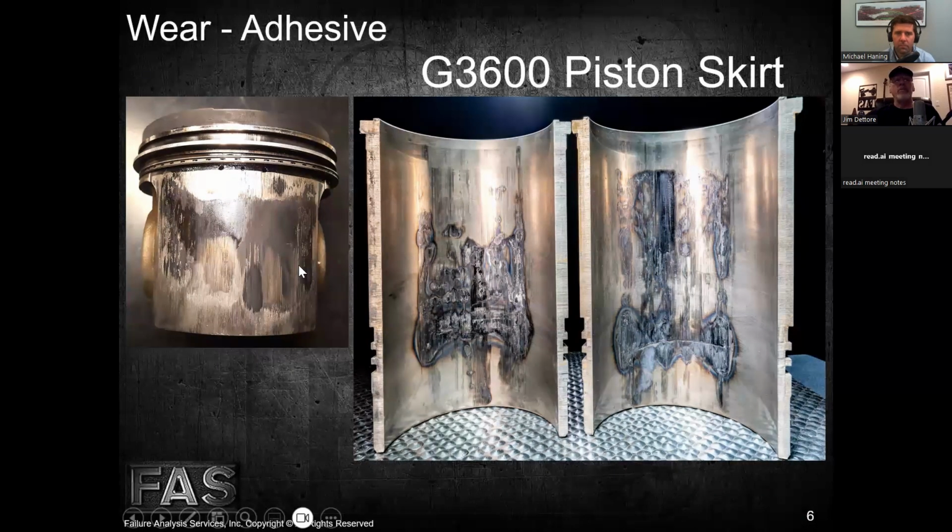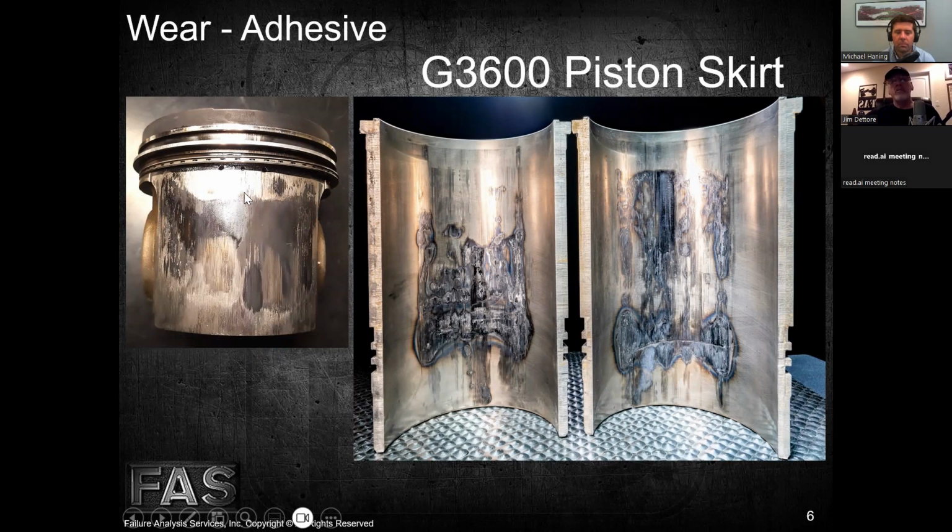But as this cylinder experienced its problem, we started to generate adhesive wear. So we see the smearing and the very irregular or feathered edges of the adhesive wear. It's worn most of the moly disulfide coating off.